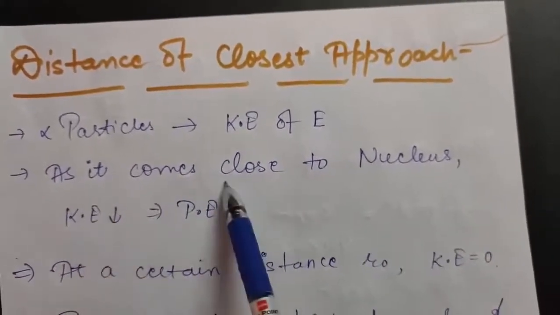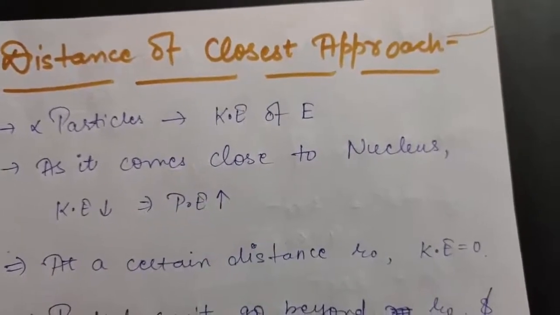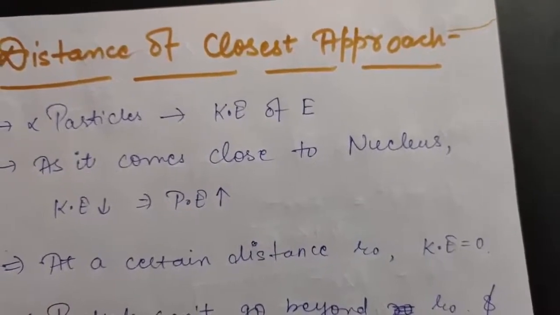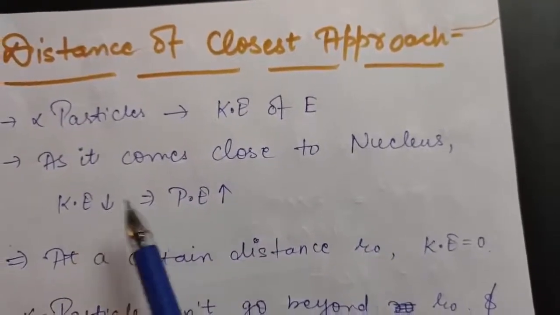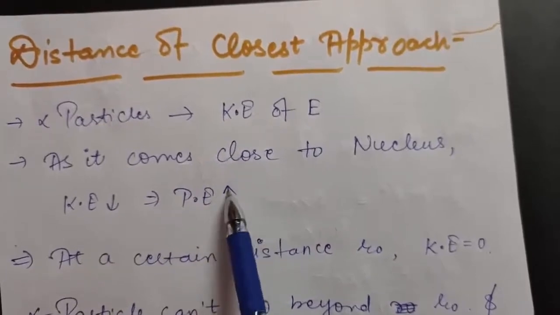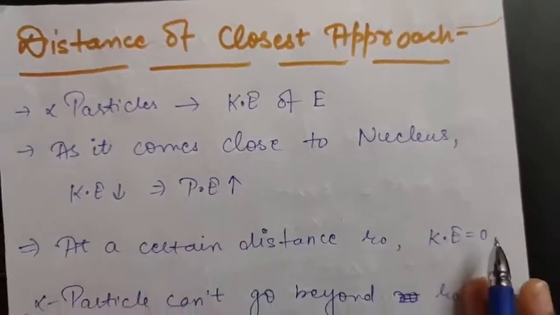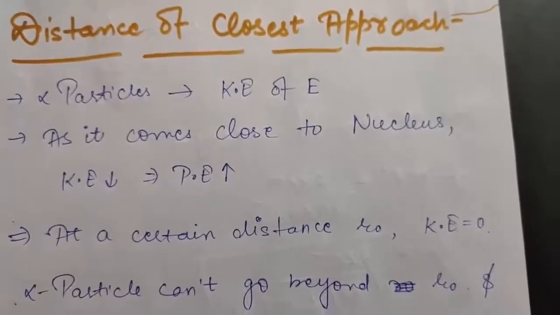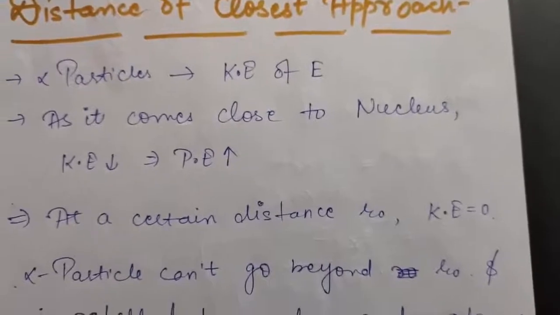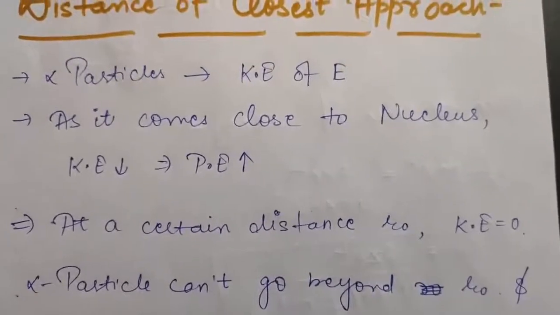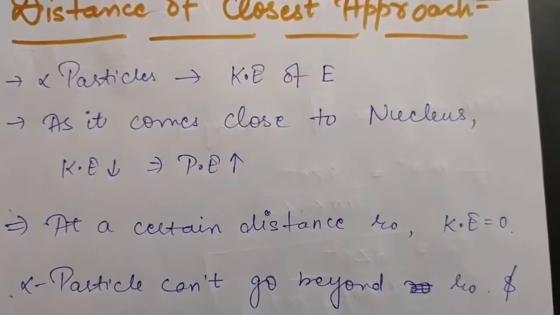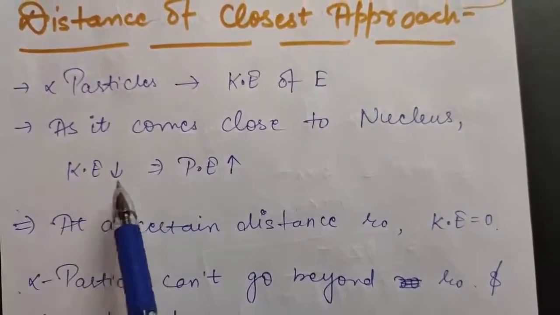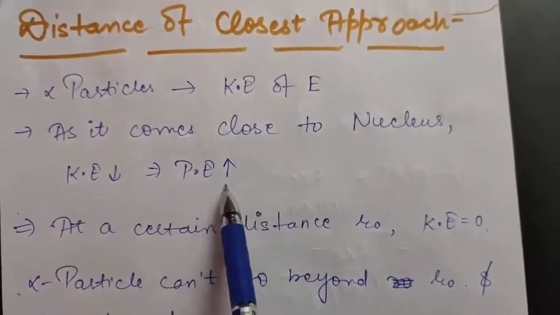So as these alpha particles come closer to the nucleus, due to the Coulombic repulsion between them, the kinetic energy will go on decreasing and the potential energy will go on increasing. I am repeating it once again: alpha particles have an initial kinetic energy of E. When they come closer to the nucleus, as there is a force of repulsion between the nucleus and alpha particles, the kinetic energy will go on decreasing, and due to the conservation of energy, the potential energy will go on increasing.